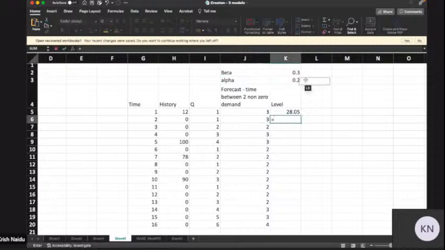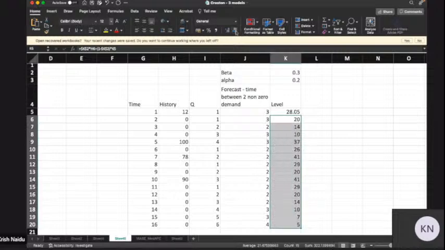So this is 0.3 into the current demand plus 1 minus 0.3 into the previous number, K5. Right? We got our level prediction also.